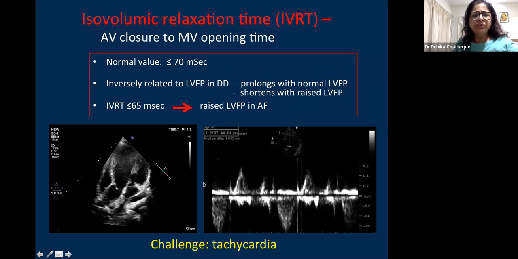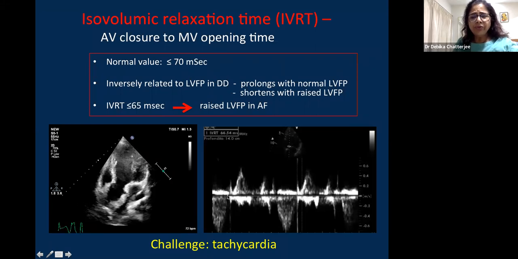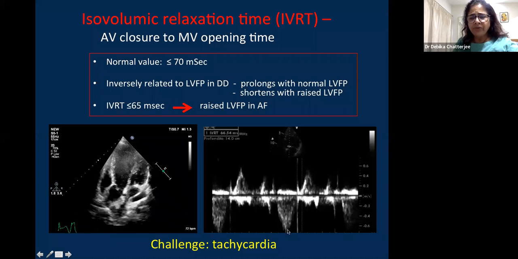Now, how do we do that? We go to the apical 5-chamber view. You see, this is the left atrium, left ventricle, and we have opened up the aorta. And this is the mitral valve opening and closing. Now we get the cursor and place the sample volume in between the mitral valve and the aortic valve, so that when we do the pulse wave Doppler, we get to see the mitral inflow above the baseline as well as the aortic outflow, LVOT flow, below the baseline.